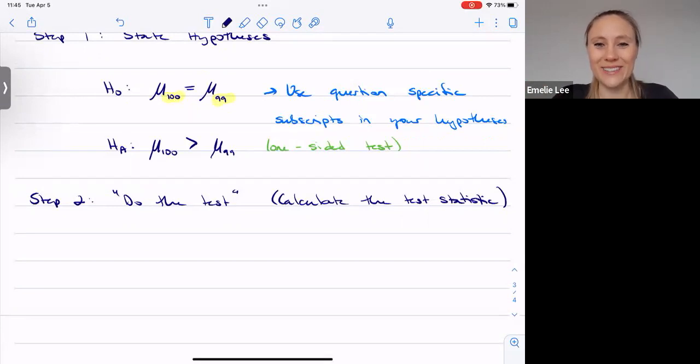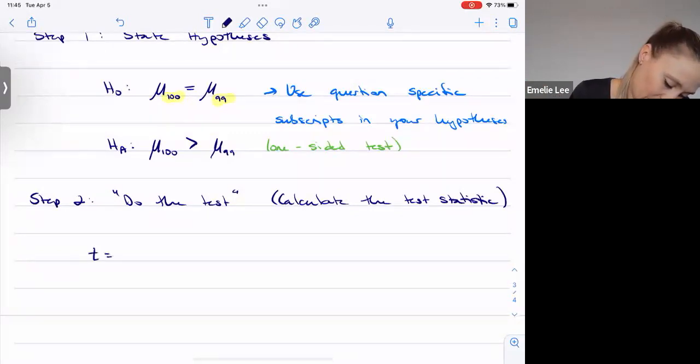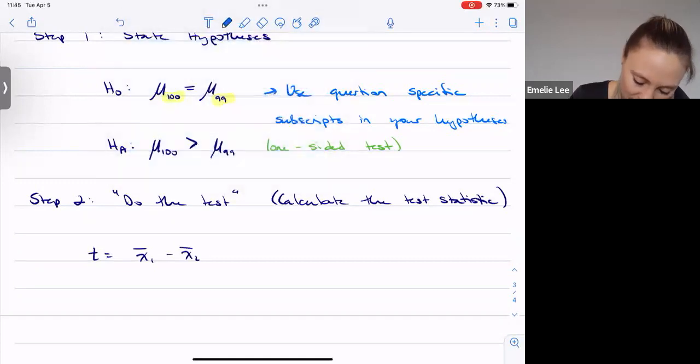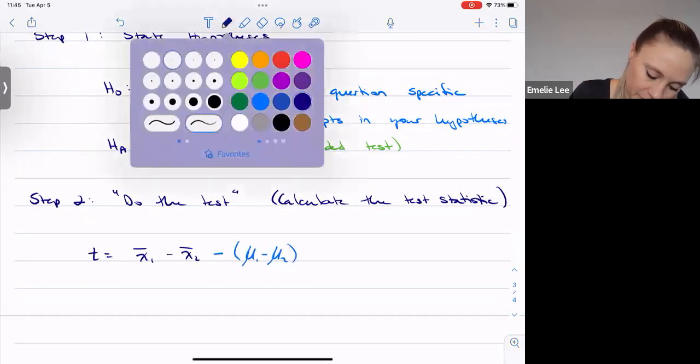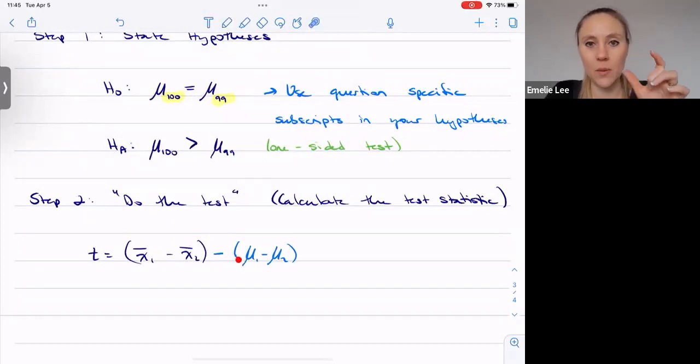What's our T? You might not have it memorized yet, and that's okay. But our T is x1 bar minus x2 bar. And what I'll do here is say technically, but we're going to ignore it, minus mu1 minus mu2, right? So technically we have this point estimate minus the hypothesized value, right?